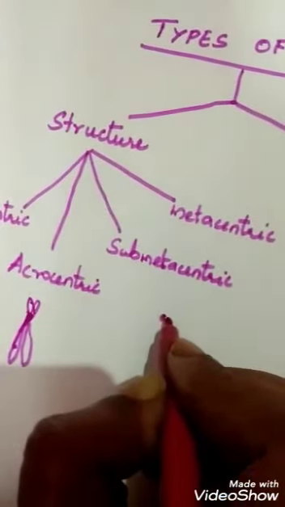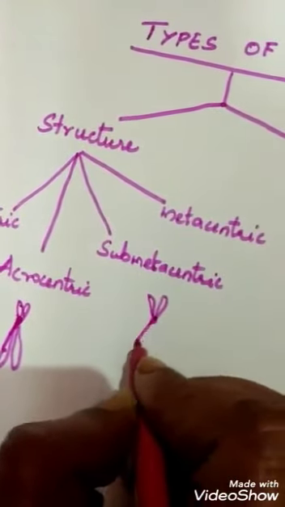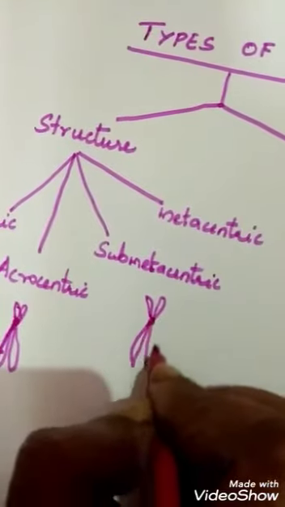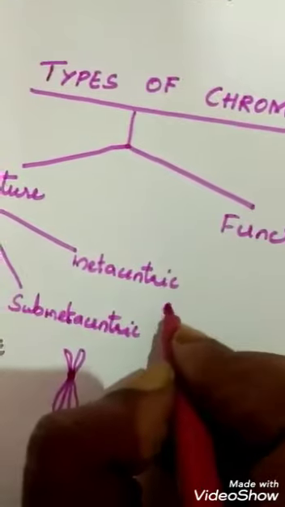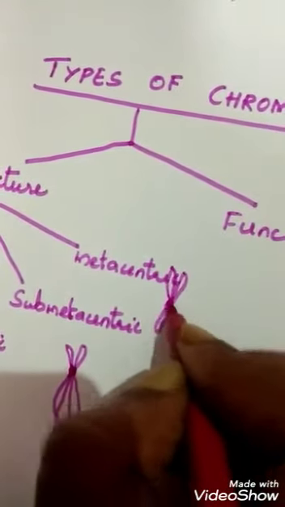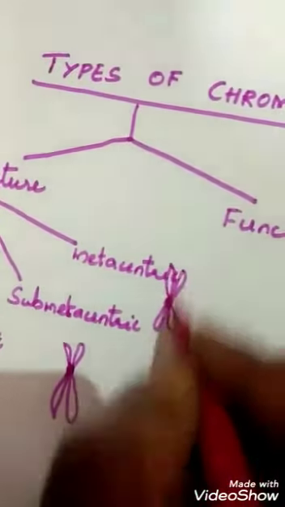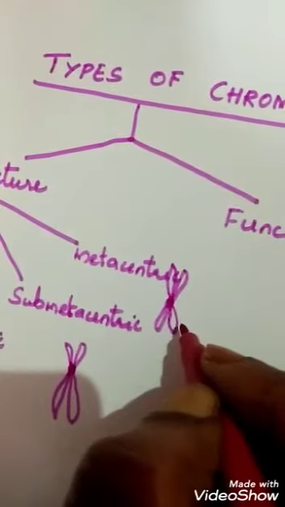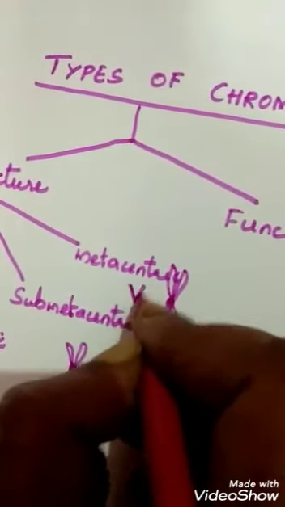If the centromere is found near the center of the chromosome, it is known as submetacentric. If the centromere is present at the center of the chromosome, it divides the chromosome into two equal arms, which creates V-shaped chromosomes.